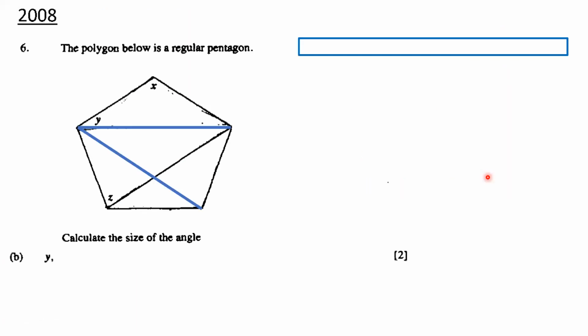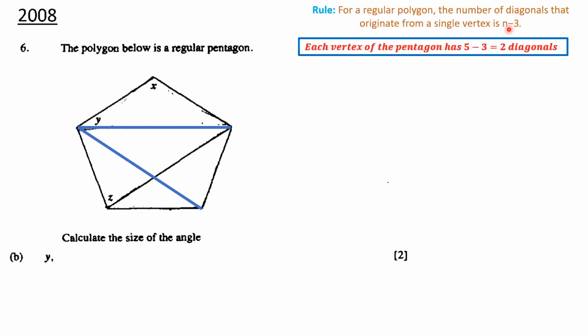Okay, moving right along, we have this next question. It says calculate the size of angle y. Now, angle y is this one, this angle right here. And for this question, we're going to be using this rule. The rule says that for a regular polygon, the number of diagonals that originate from a single vertex is n minus 3. And so we know that for this one, n is going to be equal to 5 because n is the number of sides.